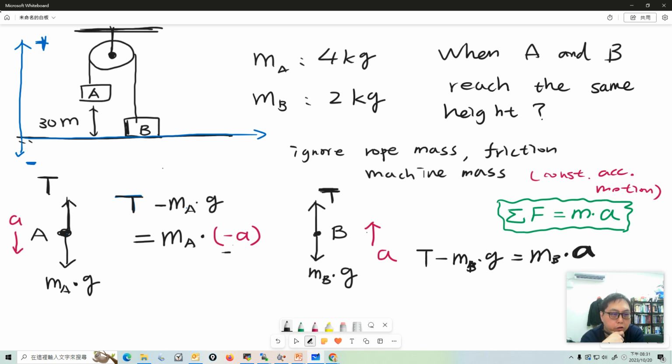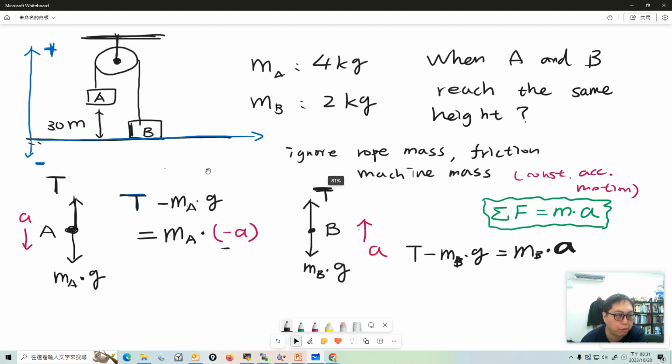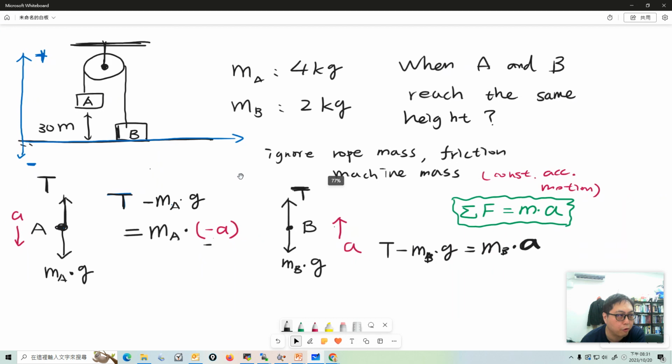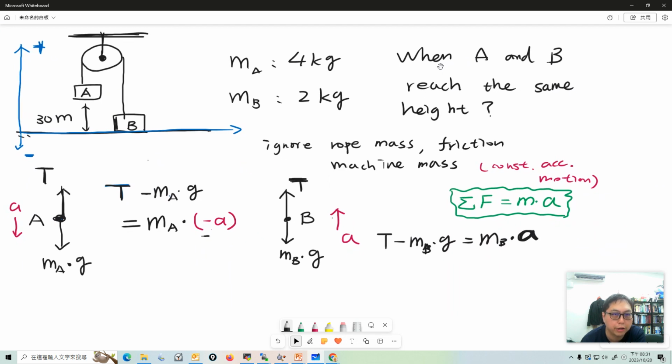Let's go back to the problem. What is the problem going for? It wants us to calculate when A and B reach the same height. A is moving down and B is moving up, so when A and B reach the same height, it's actually a kinematics problem.